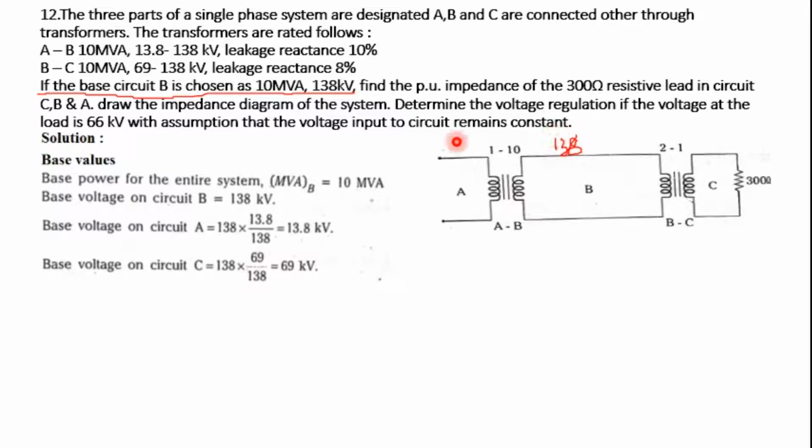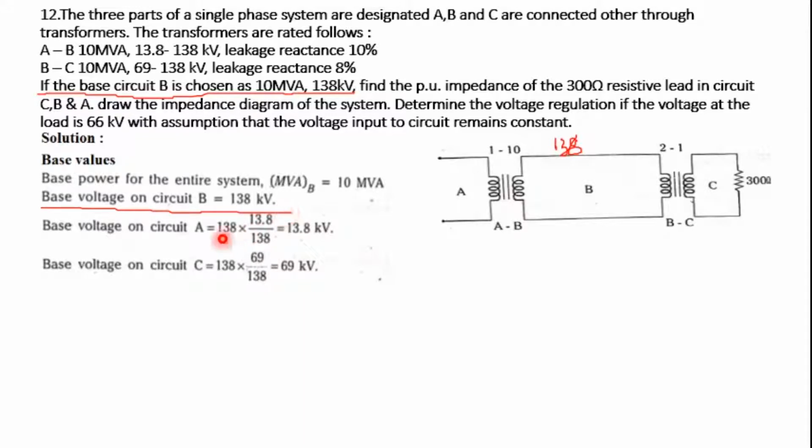We know that the LT voltage is equal to the ST rating of the transmission line into the LT rating of the transformer divided by the ST rating of the transformer. Already this is 138 because we are considering that the transmission line itself is the base.